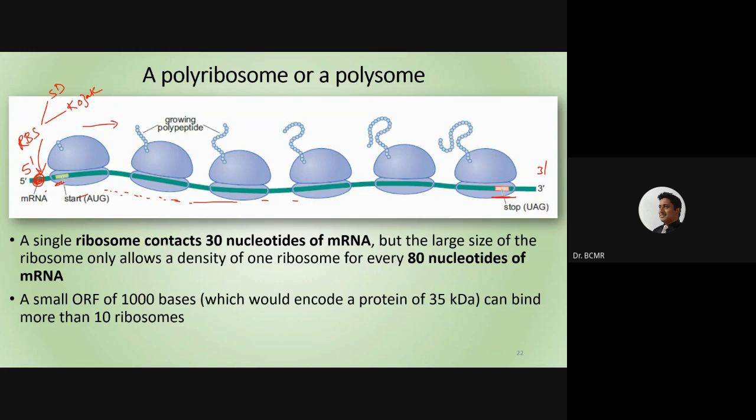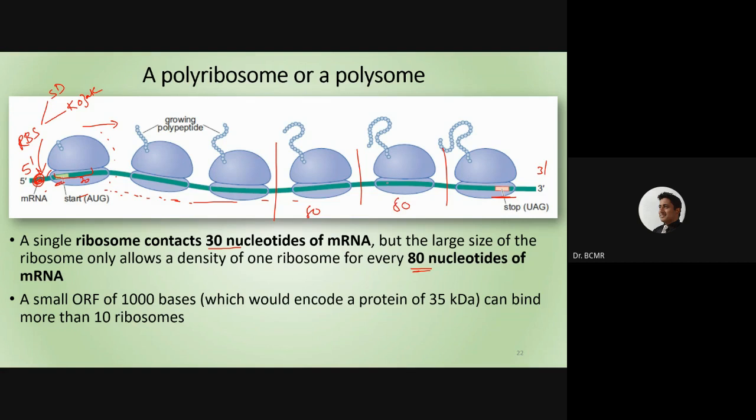You also have to remember that the contacts the ribosome covers are about 30 bases, but the subunits are actually very large. The ribosome is large, so it occupies space, and you can expect one ribosome every 80 nucleotides. From here to here could be 80 nucleotides, and this could be another 80.